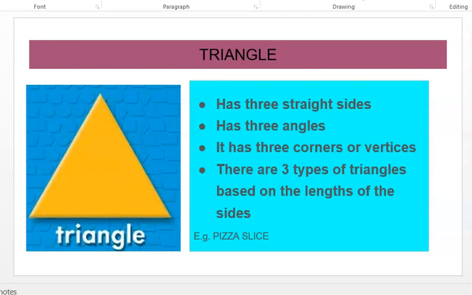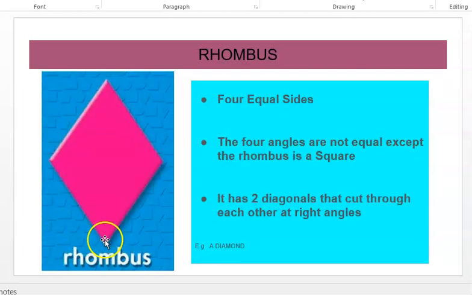The next shape is the rhombus. A rhombus is very much like a square, except that it's like a tilted square. A rhombus has four equal sides. The main difference between a rhombus and a square is that it is tilted, and as such, two opposite angles become wider than 90 degrees, and the other two opposite angles become smaller than 90 degrees.